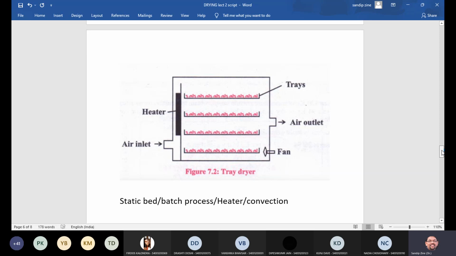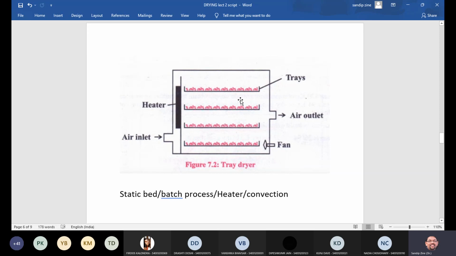This is the overall chamber, and the wall of this chamber is made with glass wool kind of material. And inside the chamber there are various trays on which wet materials are placed. So these are the trays available, and you can place the material which you have to dry for further process or evaluation.